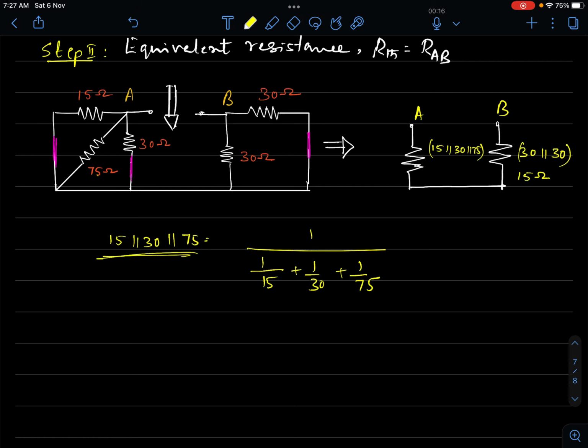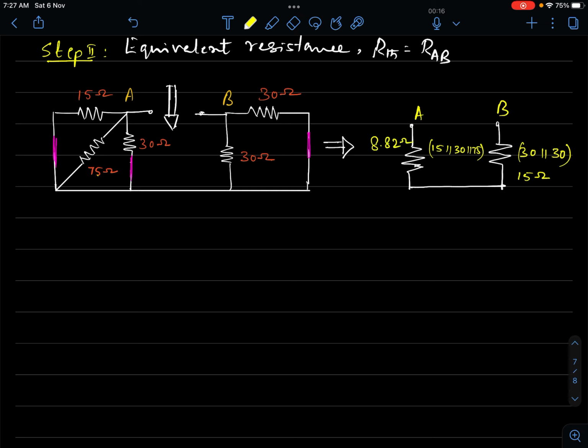This is your parallel equivalent of 15, 30 and 75. One can always compute that from the fundamental parallel circuit concept, and this entire thing comes out to be 8.82 ohms. This parallel combination comes out to be 8.82 ohms, and this is 15 ohms.